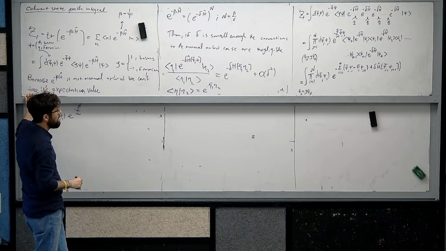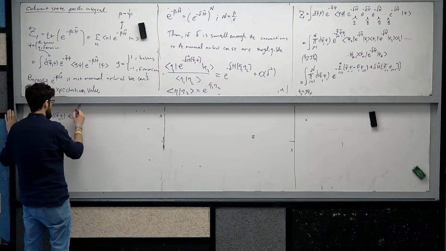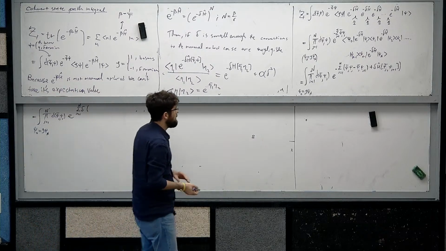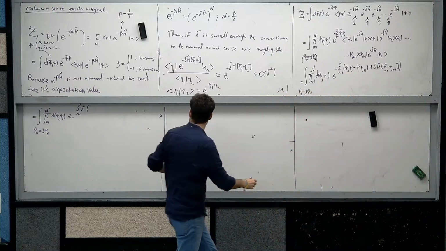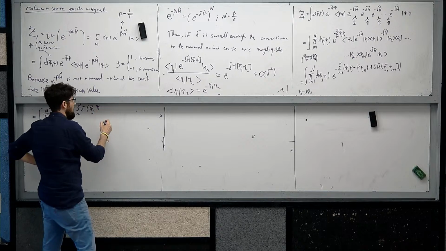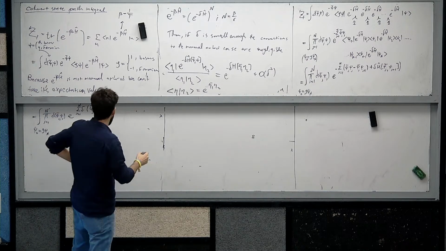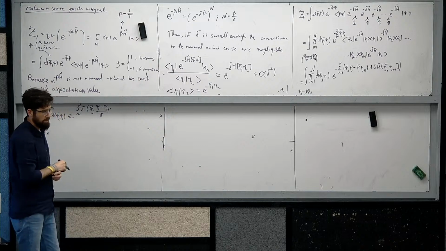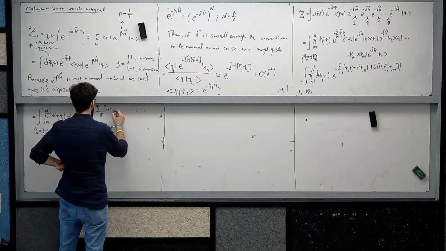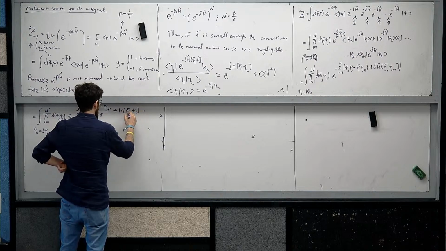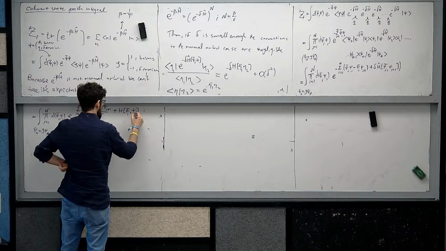And I'm going to put here a delta. I'm going to open a parenthesis here. And then I have psi j bar times psi j minus psi j plus 1, divided by delta. Okay? And plus h of psi bar j, psi j plus 1.